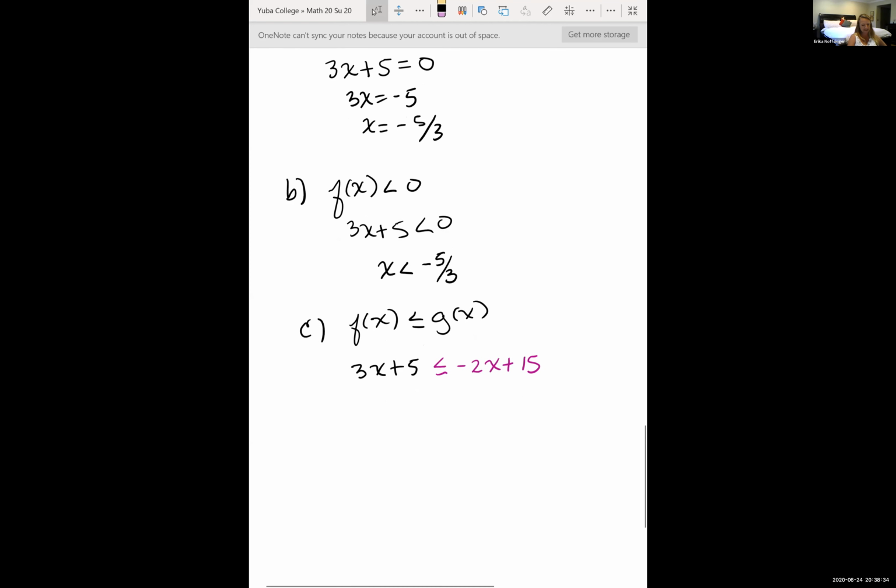Okay, so we want to get x's to one side, constants on the other side. So let's add 2x to both sides and let's subtract 5 on both sides. So we get 5x is less than or equal to 10. So this would occur when x is less than or equal to 2.